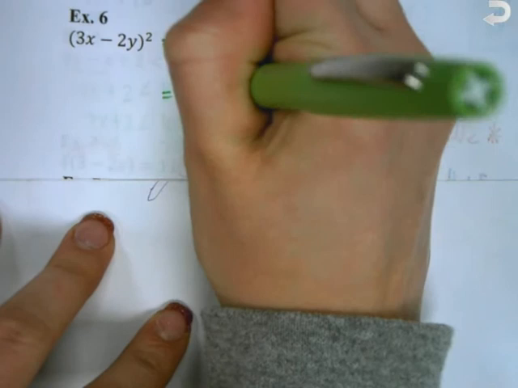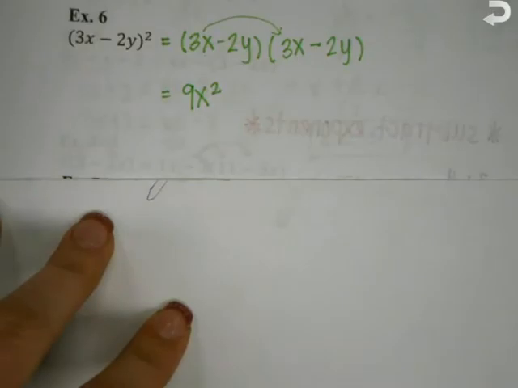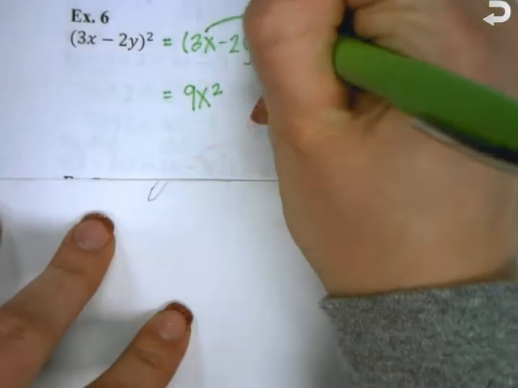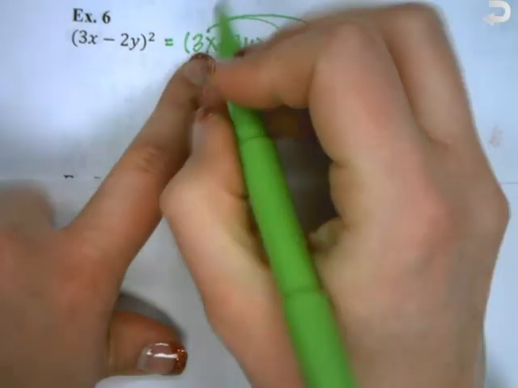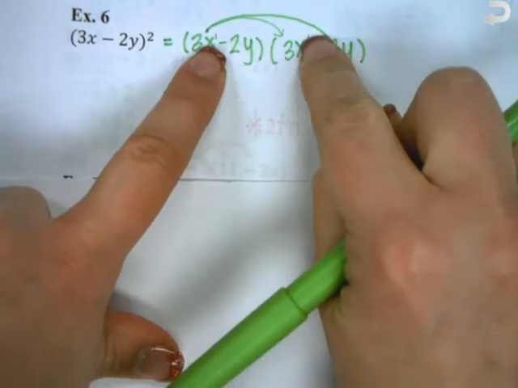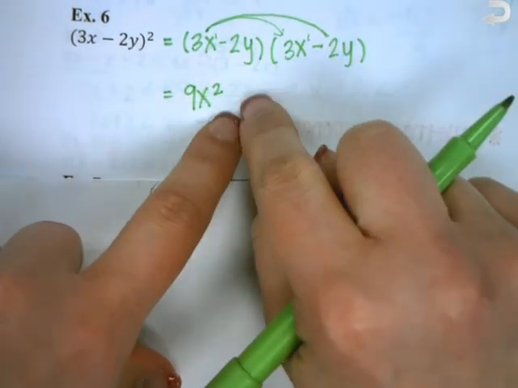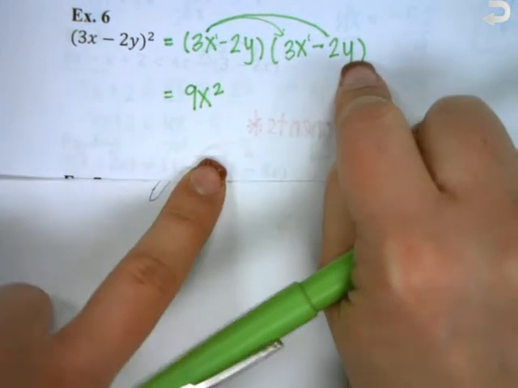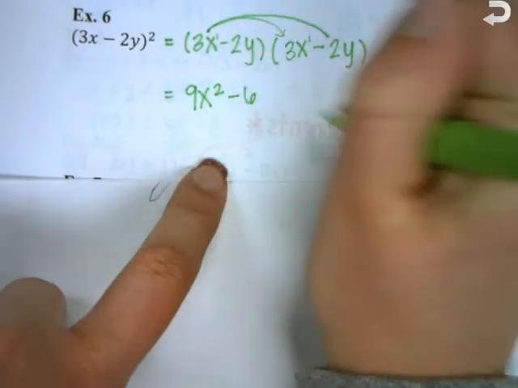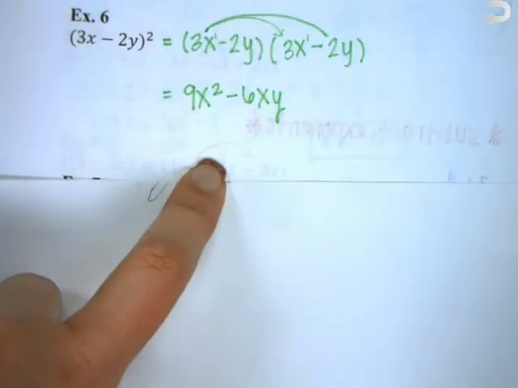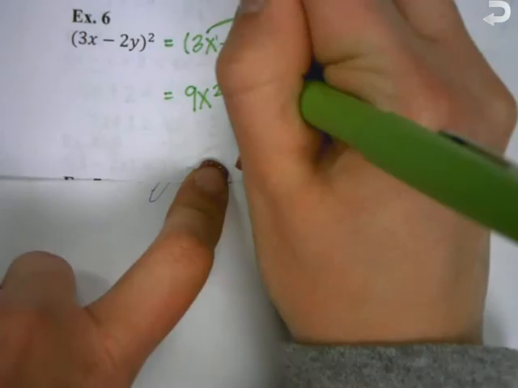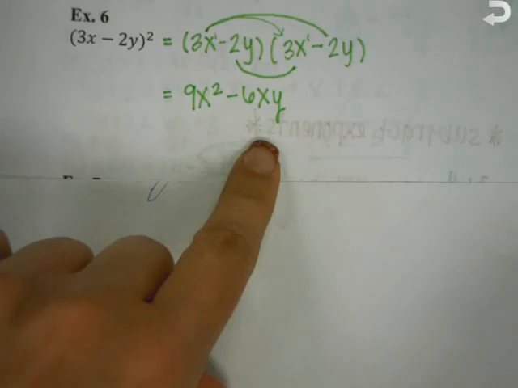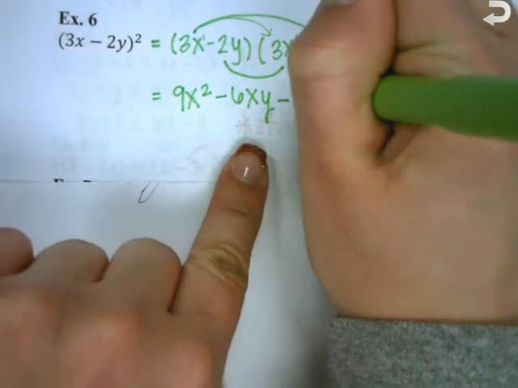Because it's an x to the first times an x to the first, and you add those exponents, which gives you a 2. 3x times negative 2y. Negative 6xy. Negative 2y times 3x. Negative 6xy. And negative 2y times negative 2y.